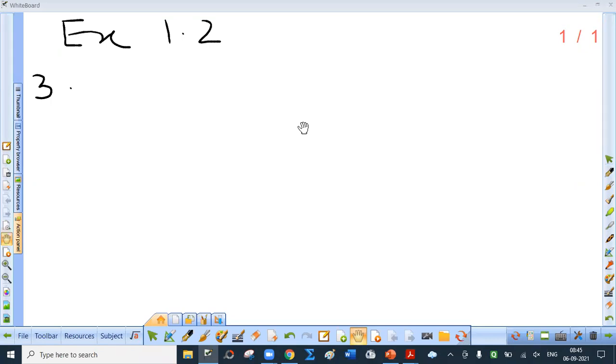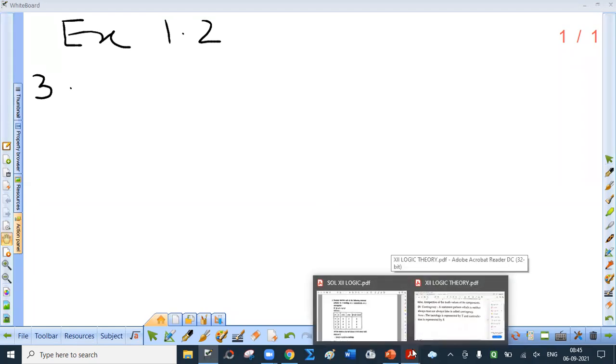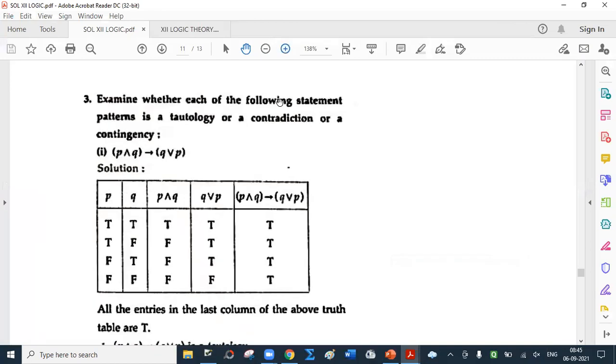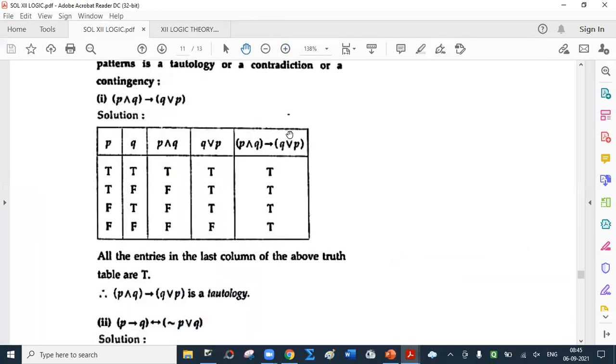See, the chances are more as far as tautology is concerned, because this is an implication, and implication is false in only one case, when true is implying false. But of course you have to prepare the truth table. You have to write this.